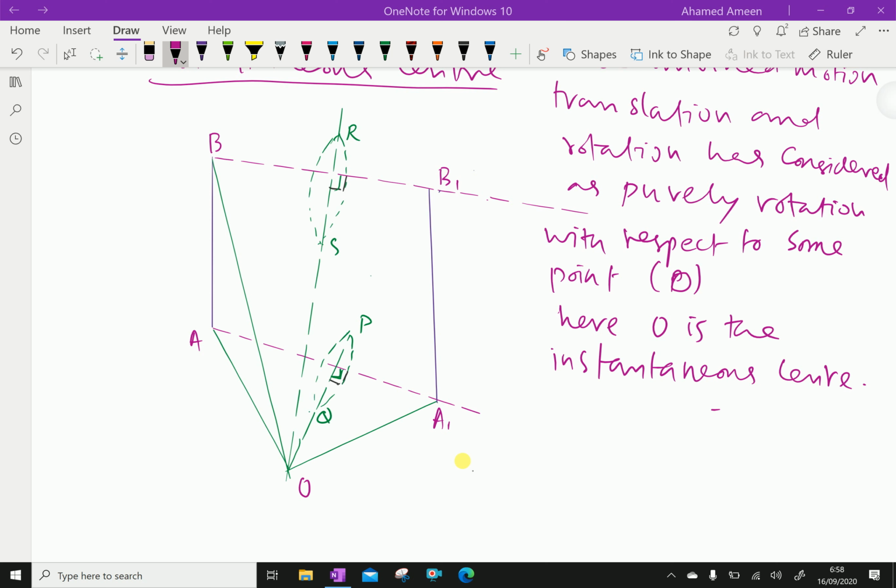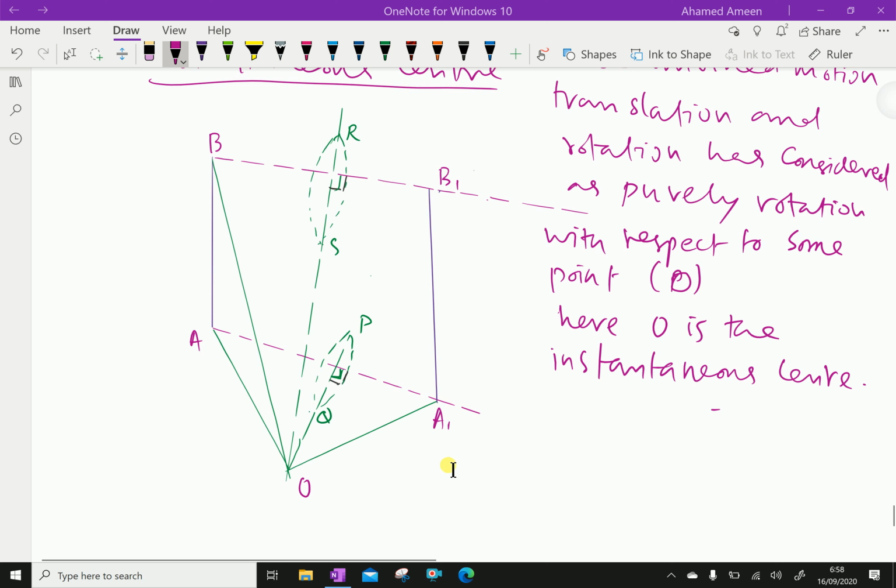Now, how to find an instantaneous center graphically? First draw a diagram with some scale of the position of AB, and after translation and rotation the position A dash B dash. Now join A dash and B dash with a straight line.